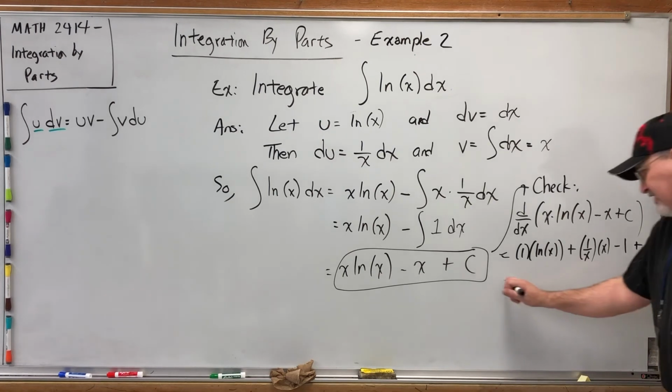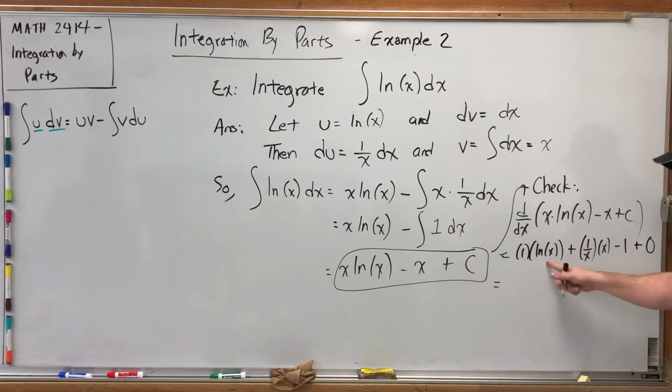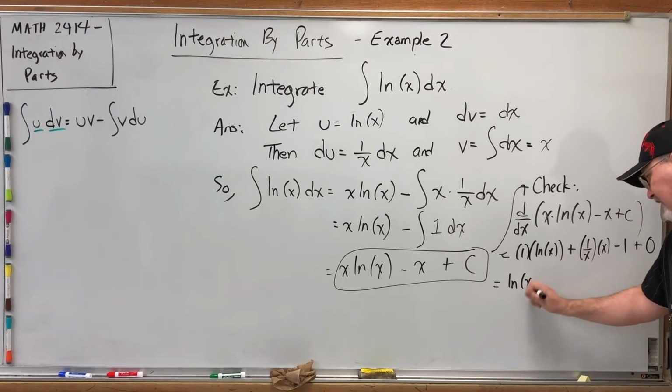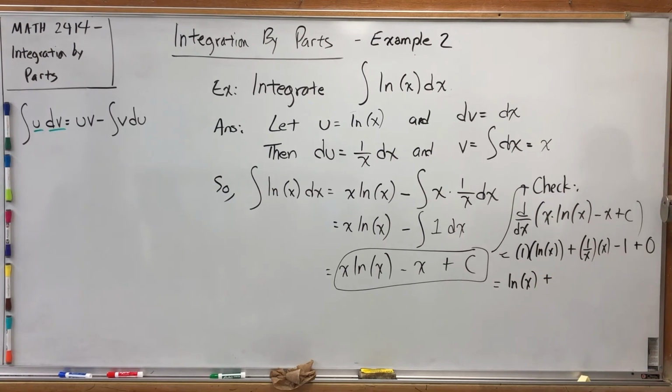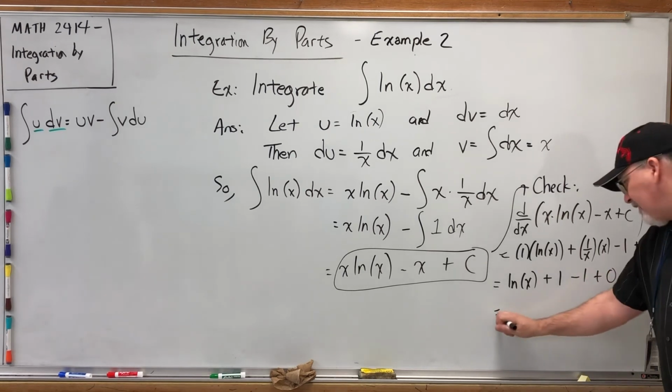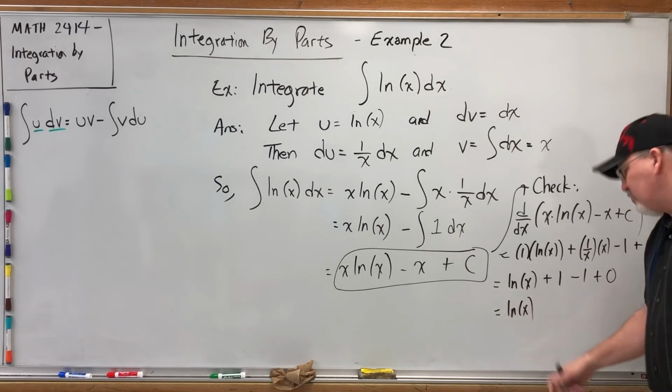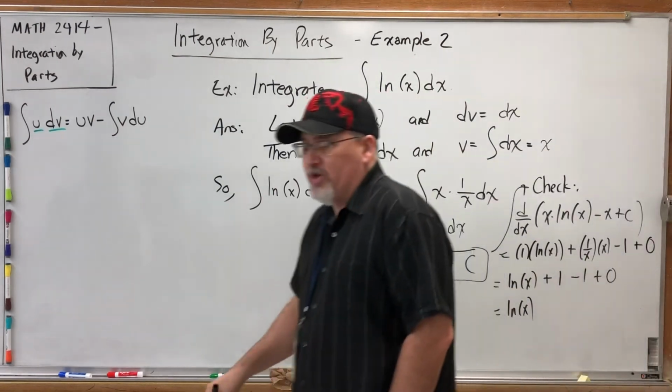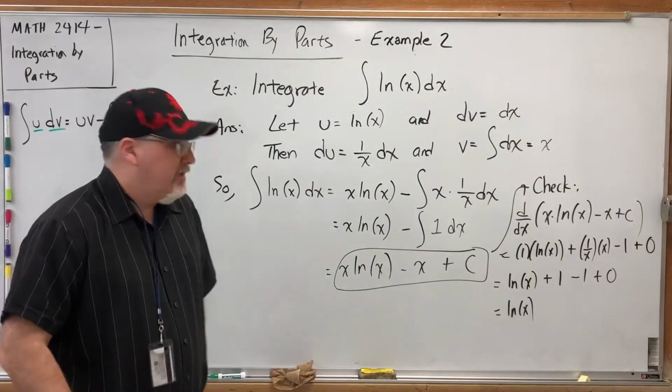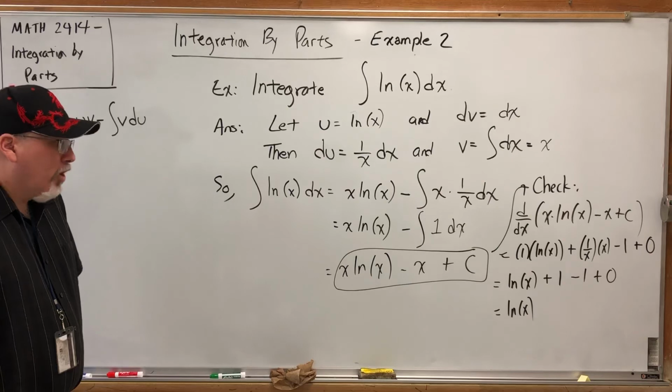Let's clean this mess up. We have 1 times natural log of x, which is natural log of x, plus 1 over x times x, which is 1 again, minus 1, plus 0. Everything vanishes except the natural log of x, which is what the original integrand was. So it is a correct antiderivative, and it worked.